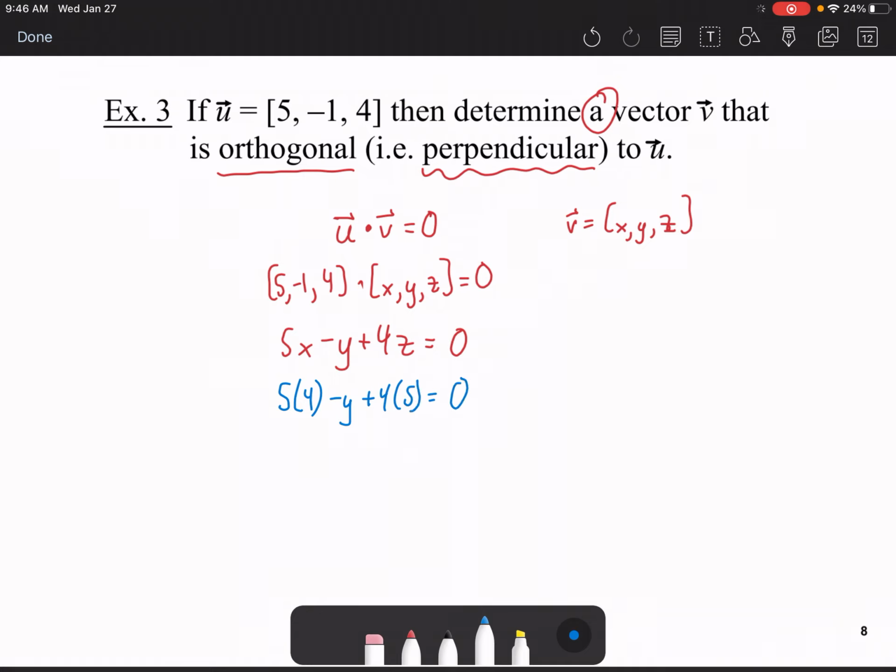I get these numbers specifically by reversing the order of these two numbers right here. This will help me solve it a little easier. So this turns out to be 20 minus y plus 20 equals 0. So negative y equals negative 40, or y equals 40.